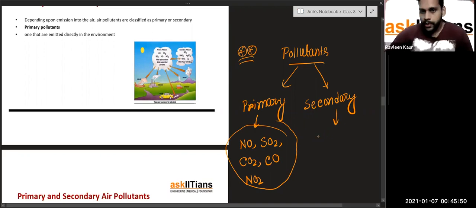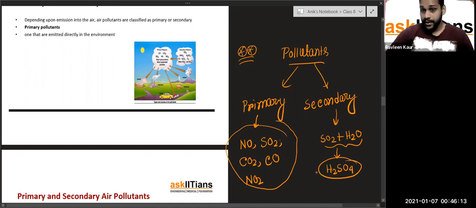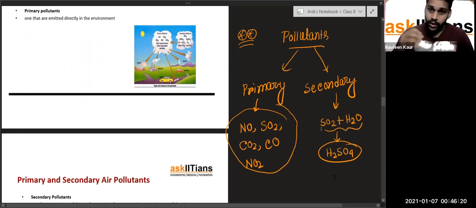Let me tell you what happens. This SO2 gets mixed with water in the atmosphere, and from there it forms H2SO4. This acid is a pollutant. This acid comes down with the rain.